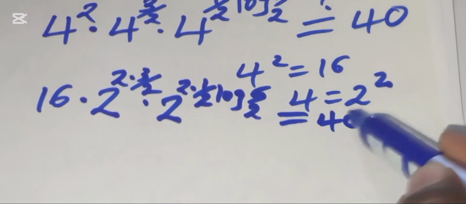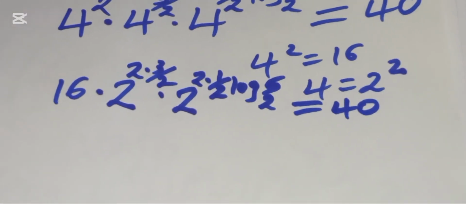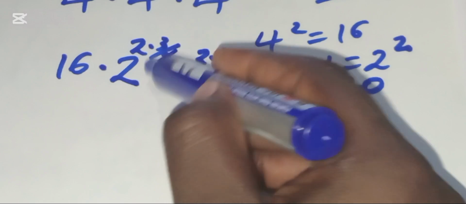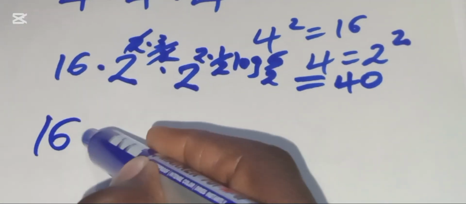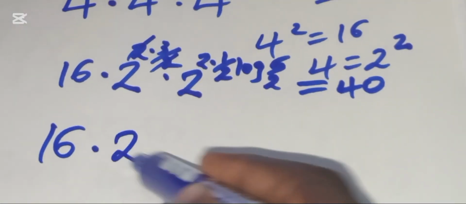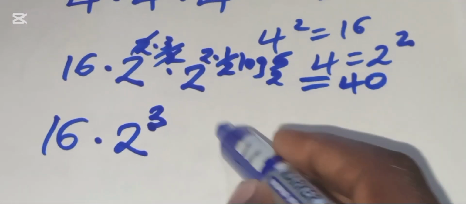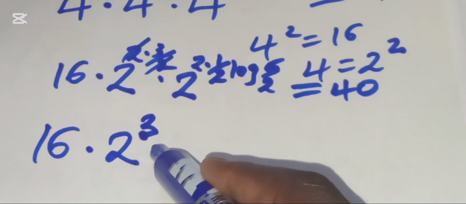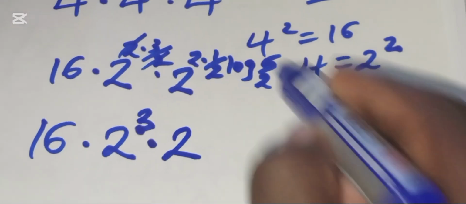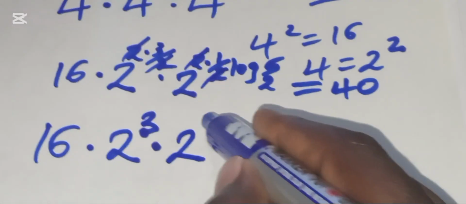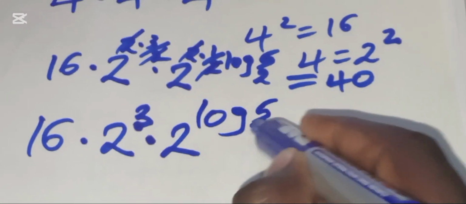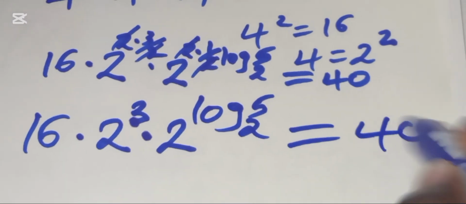This should give us a value of 40. Now let's simplify what we have here. If you simplify, you'll have 16 multiplied by 2 to power 3, multiplied by 2 to power log 5 to base 2. This is equal to 40.